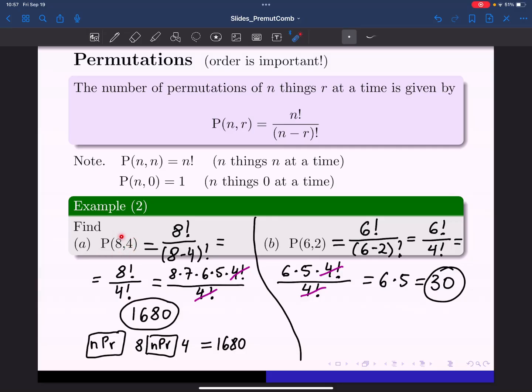Choose any button; very likely it is a second function on the top. Look for that button and try to get those numbers. The same on this one: if you have the nPr button for permutation, we would type 6, press this one, and then 2, and you should get the answer as 30.